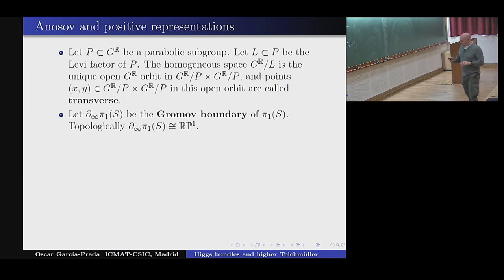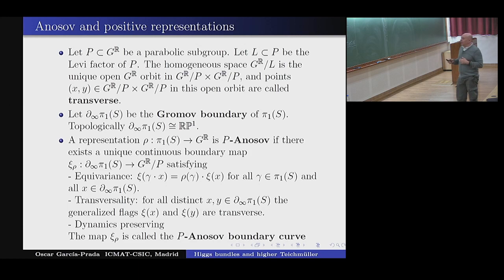And now there is the so-called Gromov boundary at infinity of the fundamental group, which in this case can be identified with the boundary of the Poincaré disk. So it is really a circle, right? And in all our cases, a representation is P-Anosov.